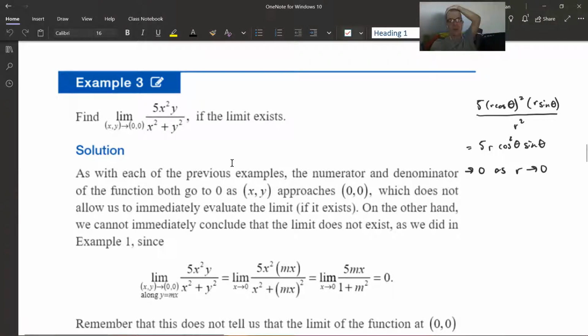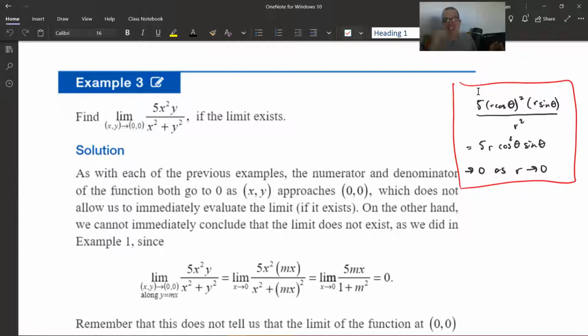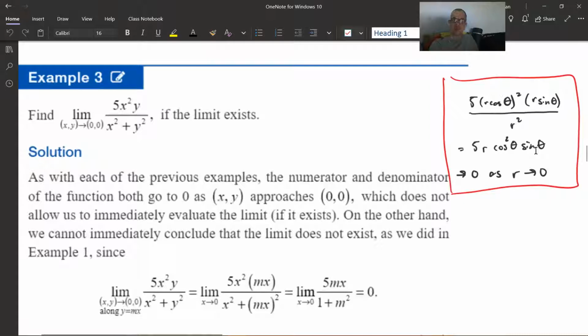But notice, this is not necessarily part of the curriculum, but it's just a nice alternate way to think about things and get a different perspective. If we were to translate things into cylindrical coordinates, where x is r cosine of theta and y is r sine of theta, again, we're going to get some things that cancel out on the top and bottom.